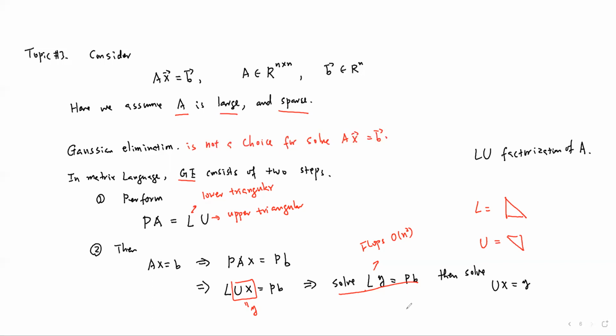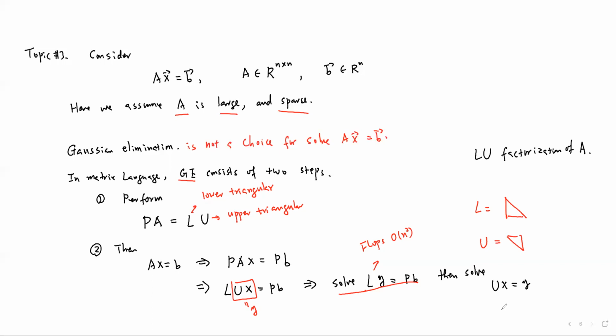Then perform backward substitution. Yeah, that is the elimination language. But in matrix language, perform LU factorization, then solve these two triangular linear systems. Actually, the same thing.